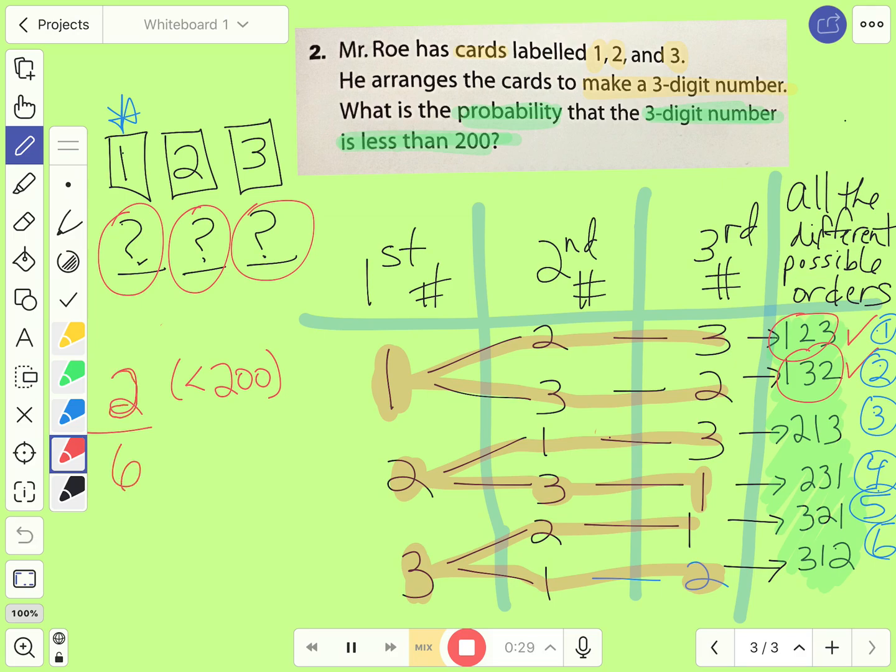So 2 out of 6 is the probability, and the 6 would be the total.